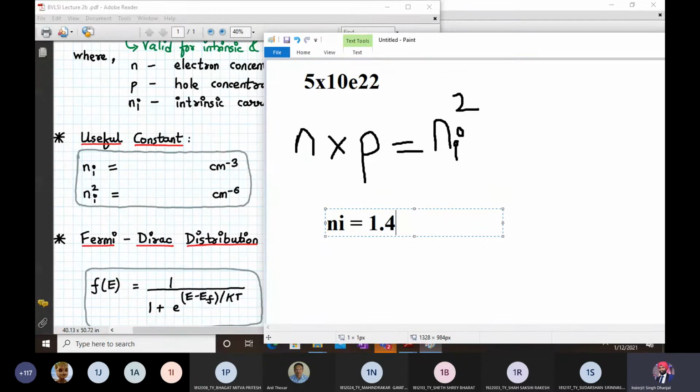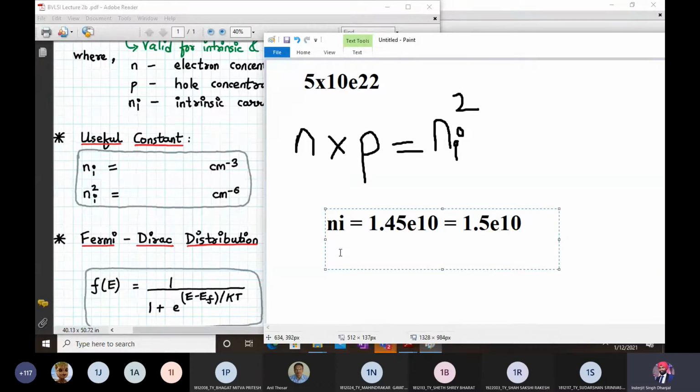1.45 into 10 to the power 10. In some books, it is given as 1.5 into 10 to the power 10. It is the same actually. Its unit is per centimeter cube. Please remember that.